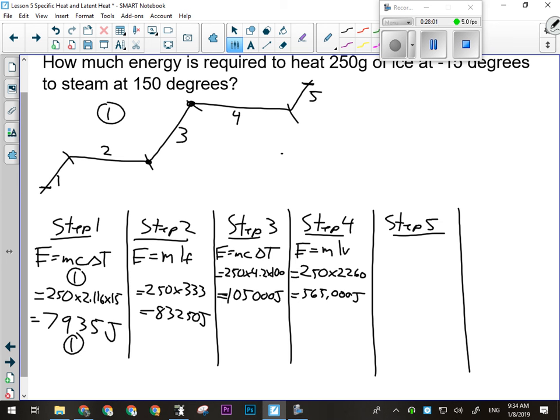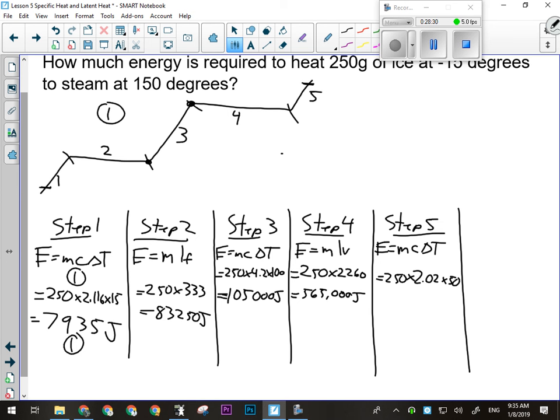All right, at the beginning of step 5, I now have steam at 100 degrees Celsius, and I'm headed for 150. All right, so now I'm back to a change in kinetic thermal energy. So I'm back to E equals mc delta T. That's going to mean 250 grams times 2.02, because the specific heat of steam is different, 2.02 joules per gram times 50 degrees Celsius.